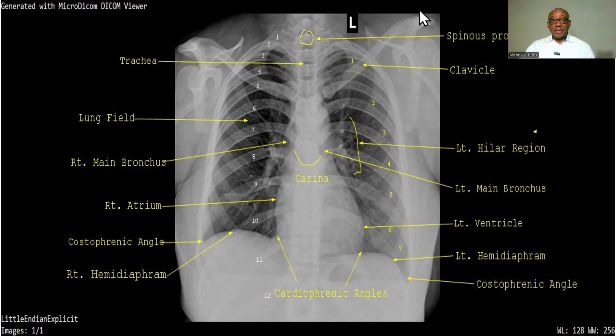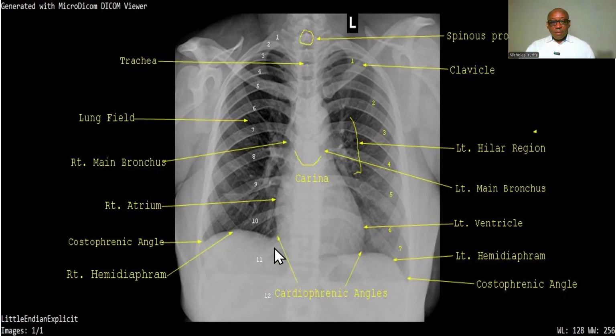But in this particular chest radiograph, we have 12 ribs that are visible. This is one, posterior ribs, second posterior rib, third, fourth, fifth, sixth, seventh, eighth, 9, 10, 11, 12.